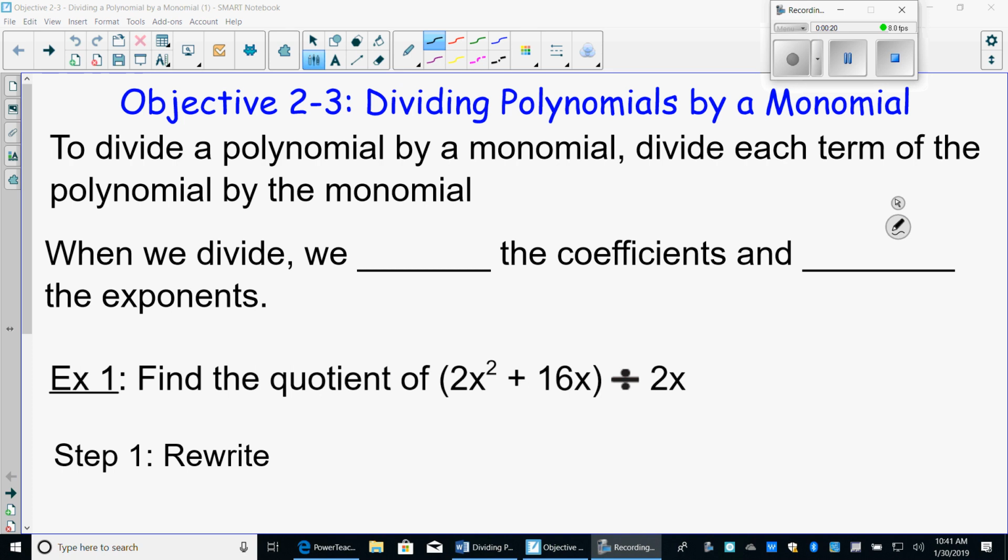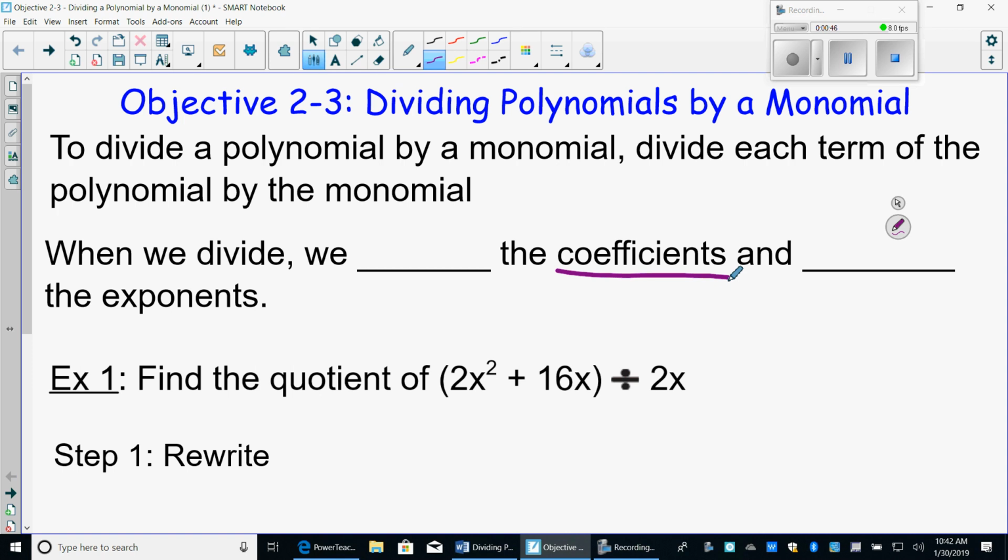Okay, so when we divide, what are the coefficients? What's the coefficient of a term? They are the numbers in front of the variable. So if it's 5x squared, what's the coefficient? 5.